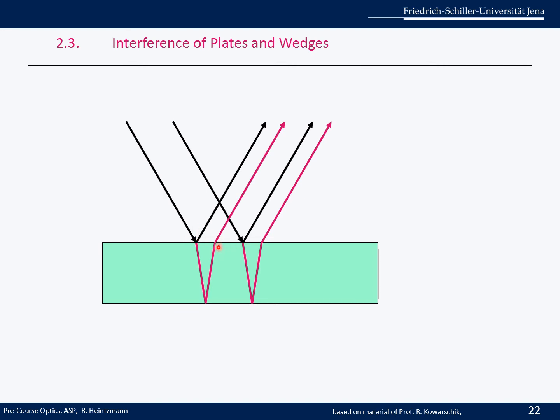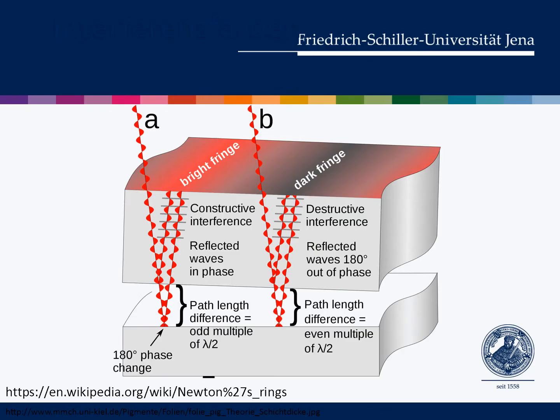When these conditions are met, that means when the size here is small enough, then we will nicely observe bright and dark fringes. And if it's larger, then we will still see interference for a range of particular colors, which will make the interference fringes appear to have colors. We will see examples of this further on.